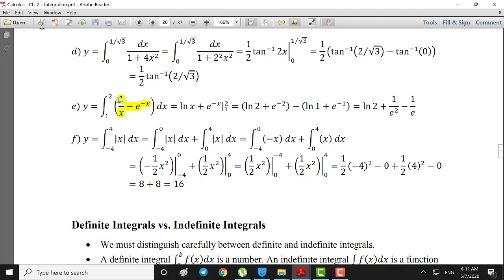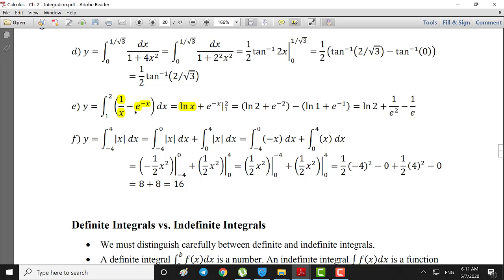Now, we come up with our antiderivatives one by one. What is the antiderivative for 1 over x? It is ln of x. And what is the antiderivative for e to the minus x? It is minus e to the minus x.